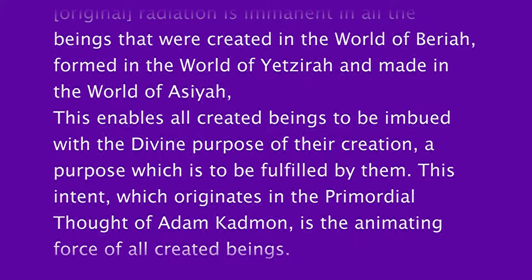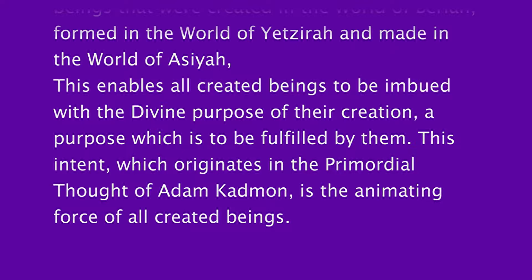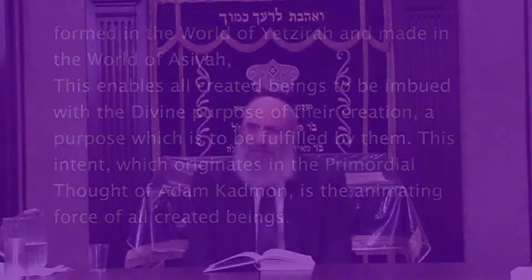This intent, which originates in the primordial thought of Adam Kadmon, is the animating force of all created beings. Or in other words, what we call Hashgacha Pratit is divine providence, that everything in this world has an intent and purpose, fulfills a divine purpose.